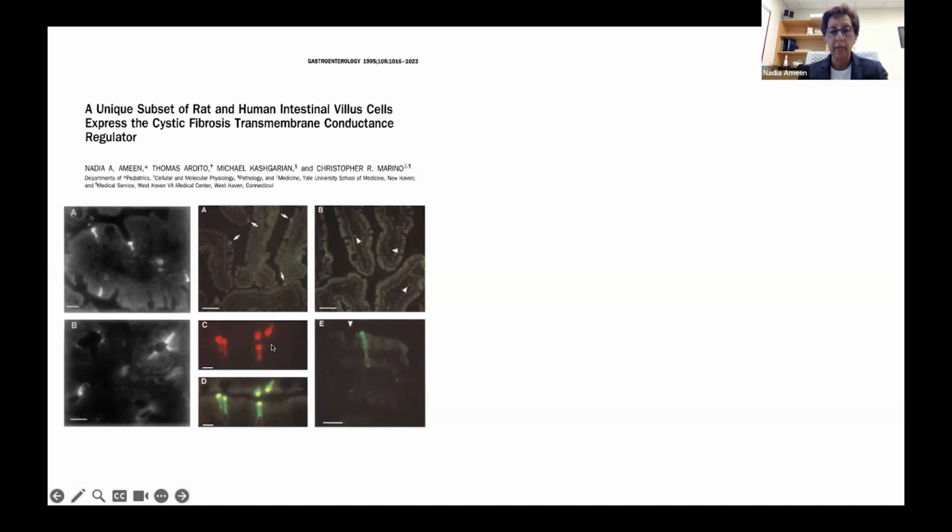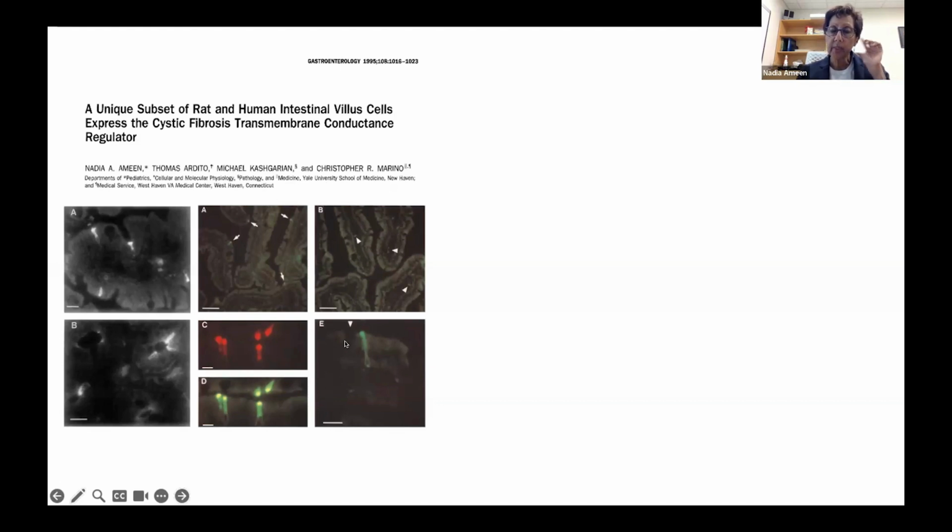At higher power magnification, you can see that there's a lot of CFTR in the apical domain of the cell, but also throughout the cytoplasm of the cell. And the cells were long, extending from the lumen all the way to the lamina propria. Here you can see a goblet cell that is negatively stained for CFTR.